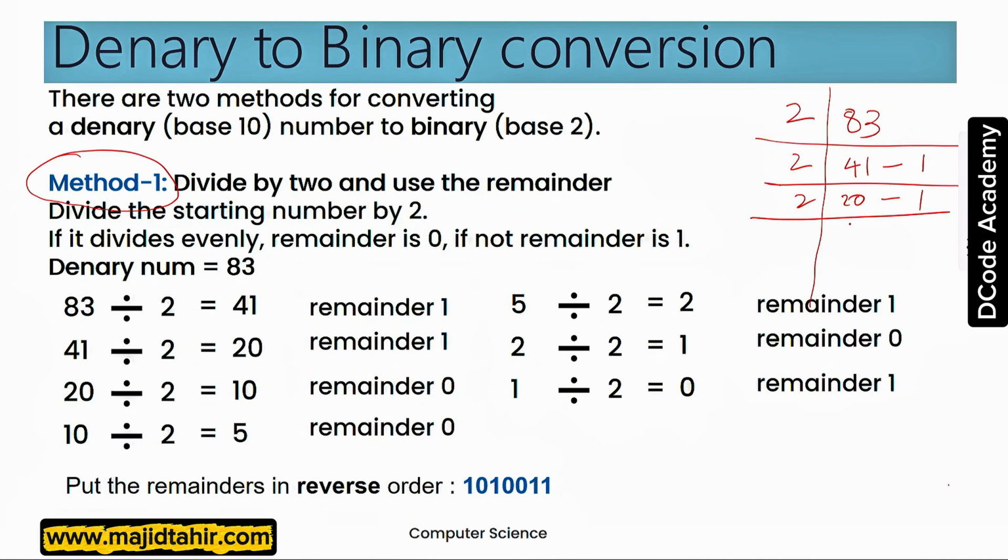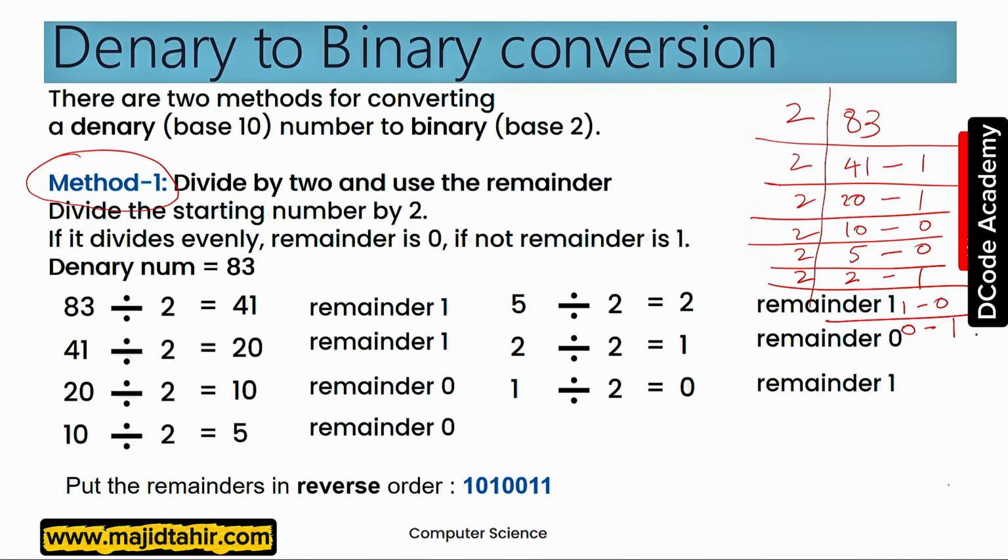You divide 20, you get 10, remainder 0. And again, you get 5, remainder 0. Again, you divide 5, you get 2, remainder 1. Further, 2 divided by 2, you get 1, remainder 0. And then if you further divide, you get 0, remainder 1.